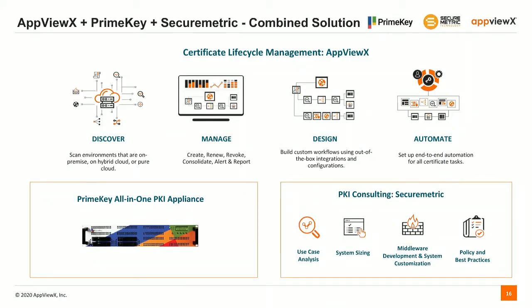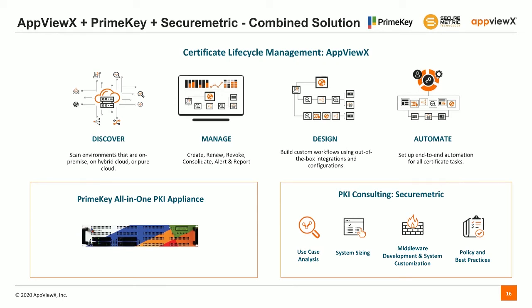Now, what AppViewX enables is it enables you to do all those seamlessly with our Certificate Lifecycle Management application. With that, you're able to discover all the certificates that are there in your inventory. You're able to discover certificates from any CA that you're using today, right?